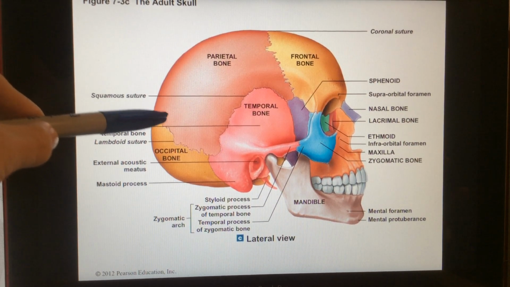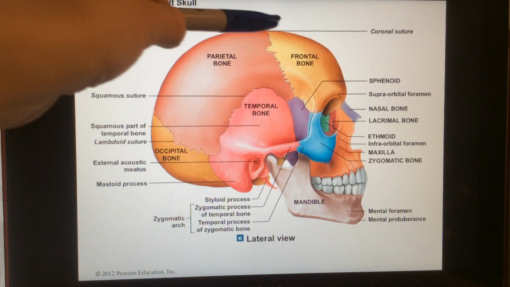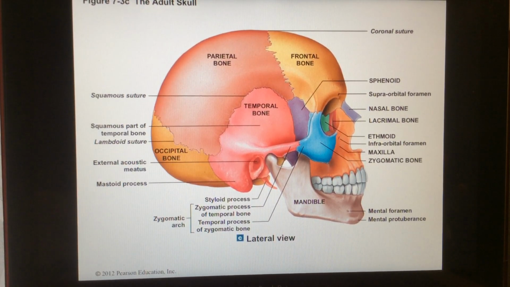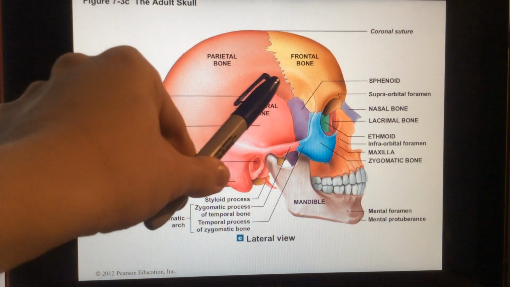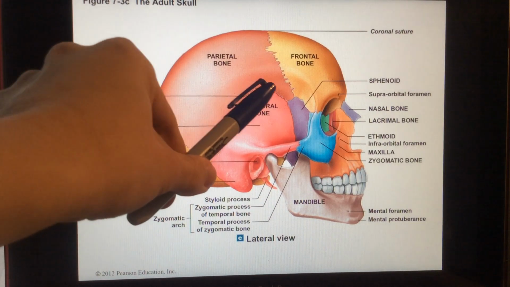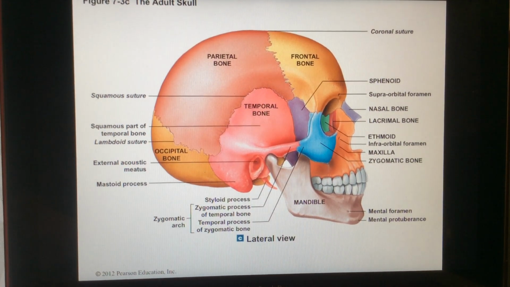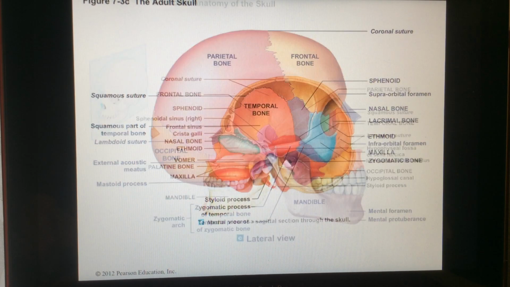Appreciate there may be sutural bones located within the lines of the sutures. Typically, you see them most along the lambdoid suture. The squamous suture you can see very clearly dividing the temporal and the parietal bones, but you can also see them intersect with the occipital bone with that lambdoid suture.